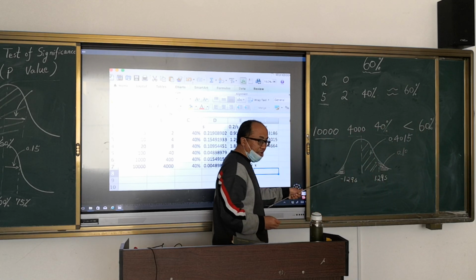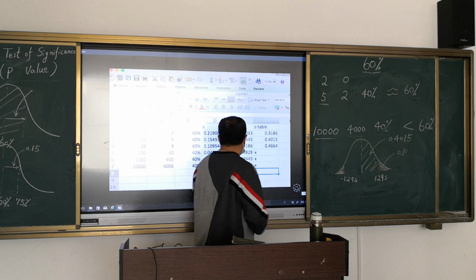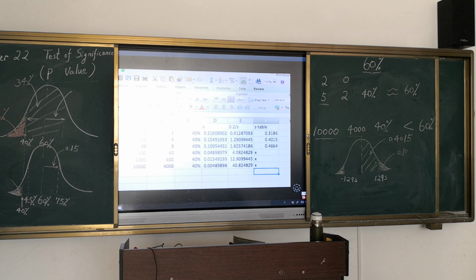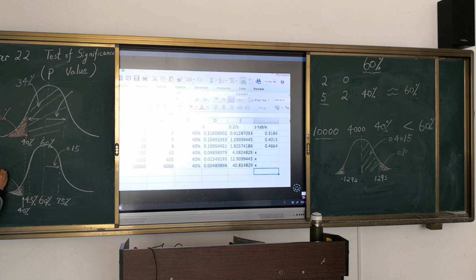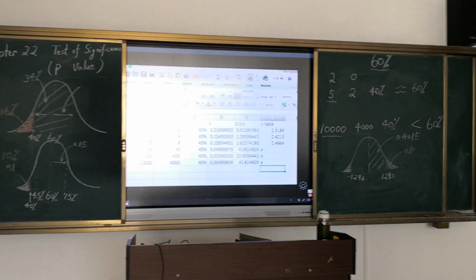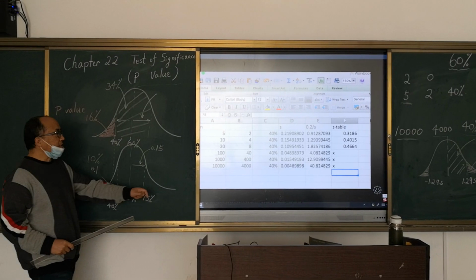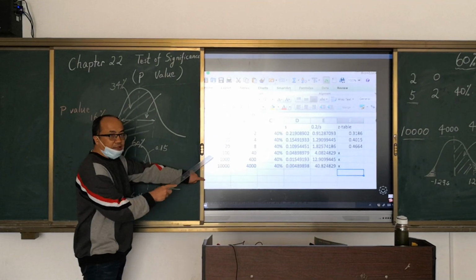Same as this. So it's 0.1. Or you can say it's 10%. This is the p-value. This is the p-value for this case.